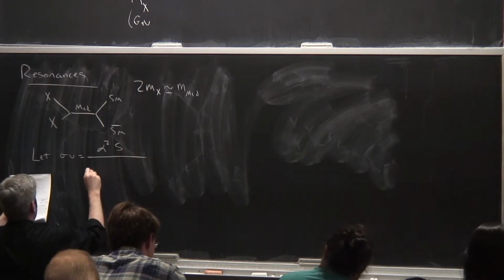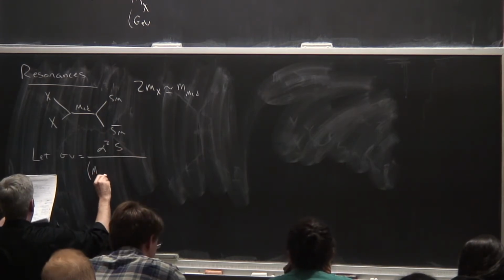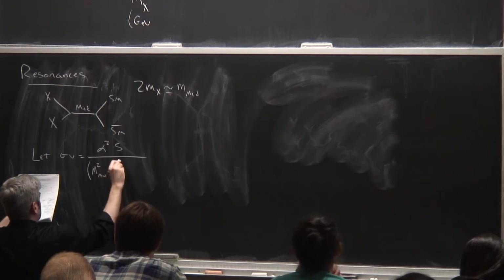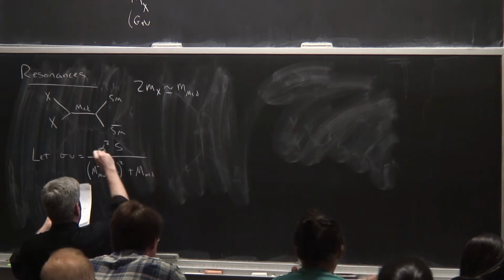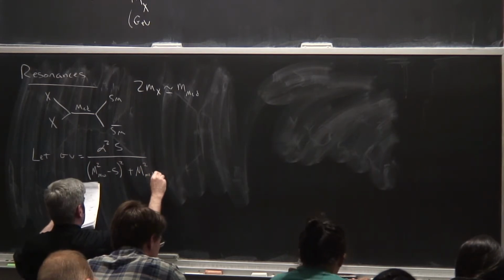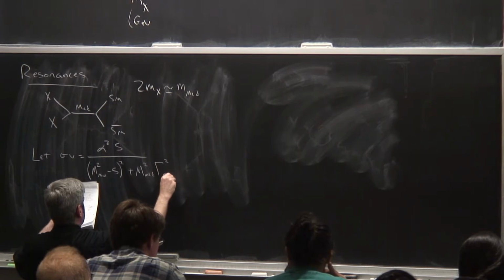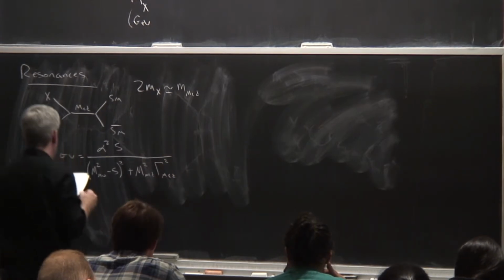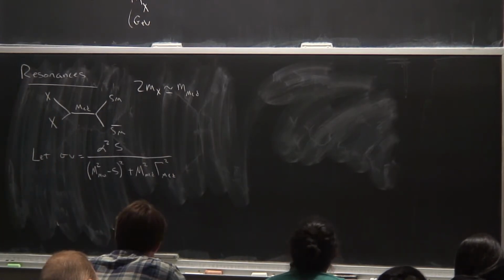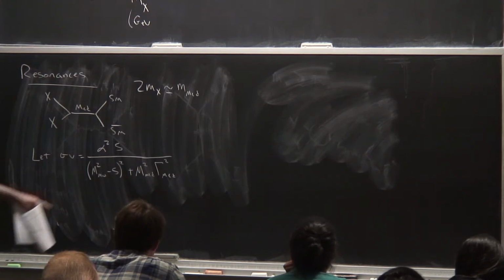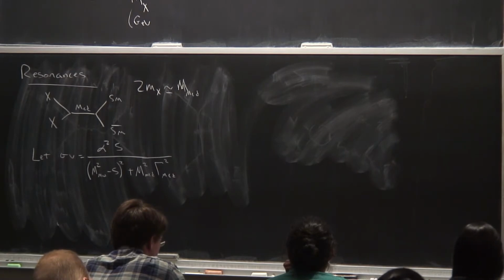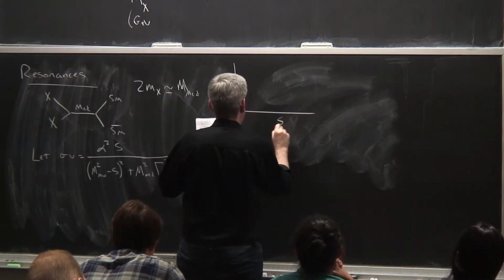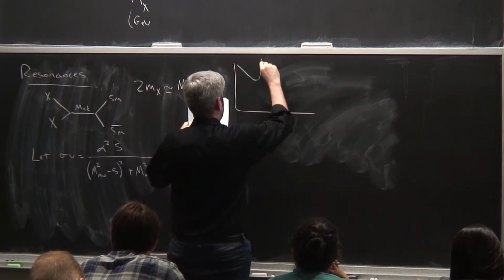So I'm just going to write down a plausible form for such a cross section. Alpha is just the overall normalization. You can think of it as analogous to alpha EM. And then I have the standard resonant behavior down here, including the mass and width of the mediator. So this is going to look like something like that.